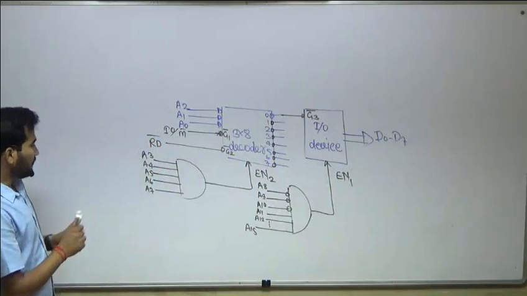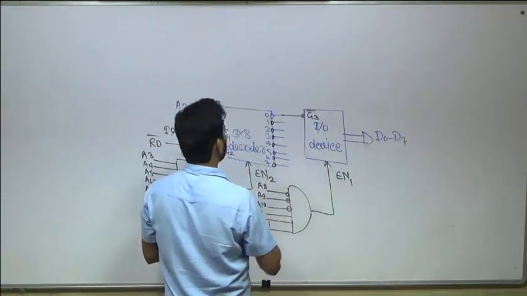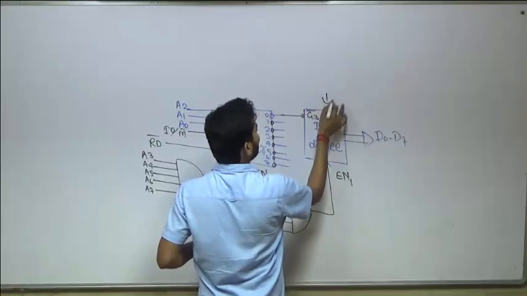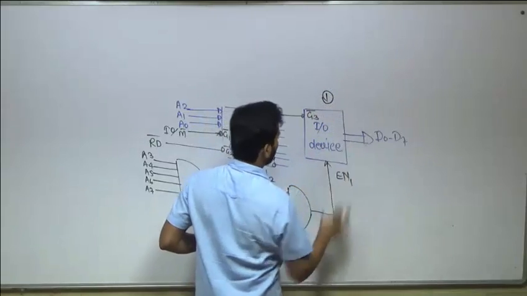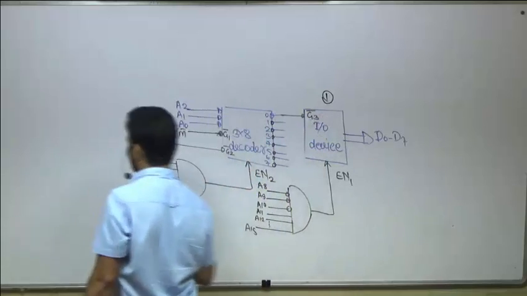Now, if we want this input output device to perform some operation, it should be selected. First we'll analyze the input output device. This must be selected through the G3 bar pin.